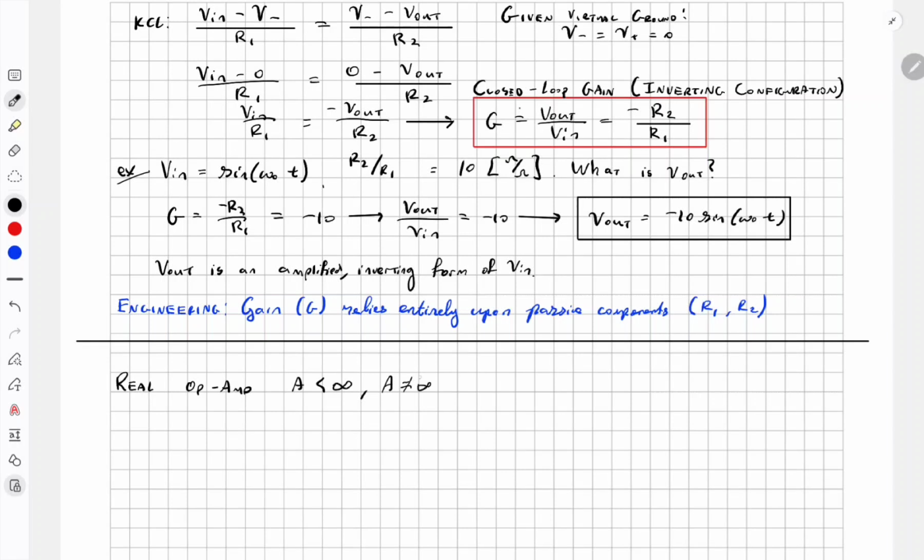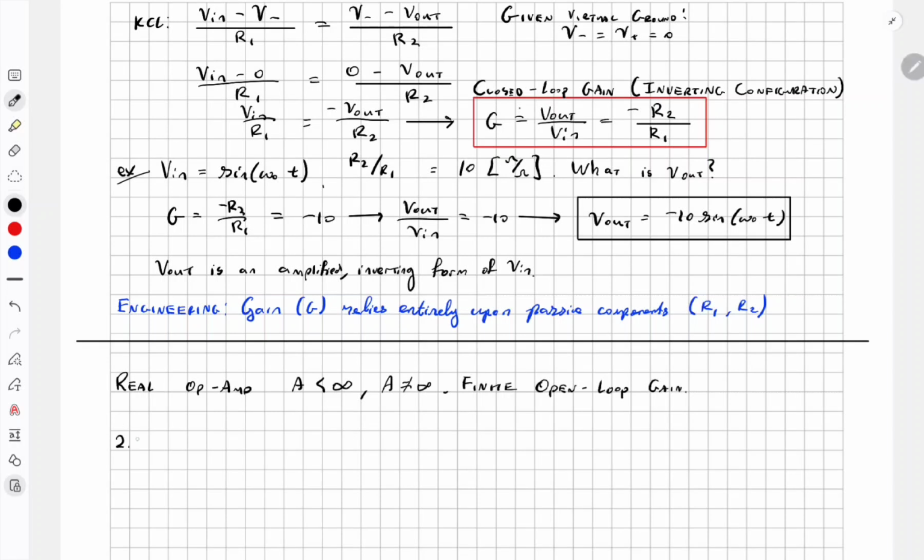The real op amp has a limitation on the open loop gain. So we call this a finite gain. Okay, to be more specific, finite open loop gain. So let's do another practice problem to address this.